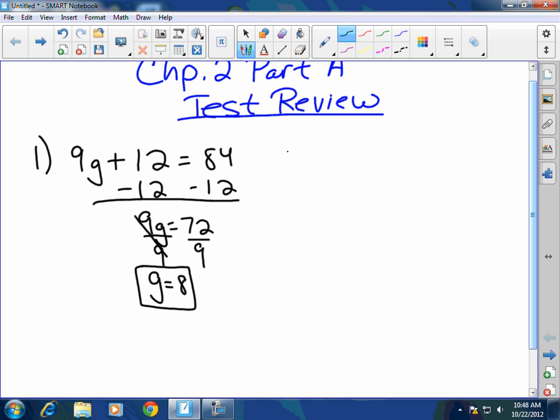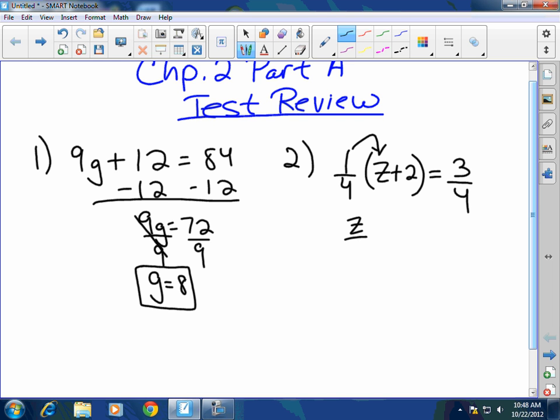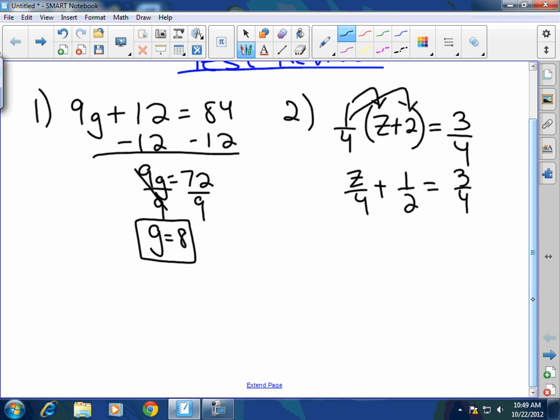Okay. Number 2, I have 1/4 times (z plus 2) equals 3/4. There's a lot of ways to skin this cat. I'm going to go ahead and do it the easiest possible way. This is, you distribute, so that's z over 4 plus 1/2, and that's going to equal 3/4. I particularly don't like this way, but I know that some of you, for whatever reason, want to do it this way.